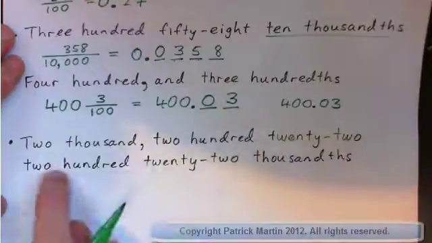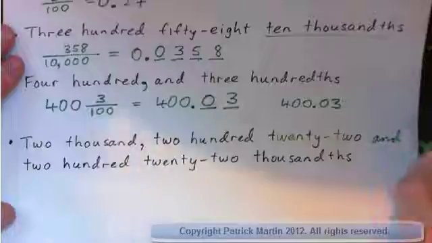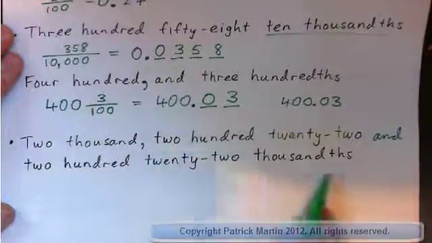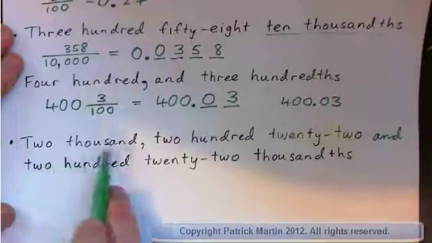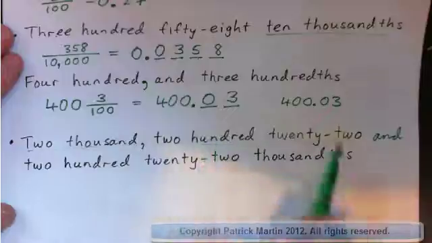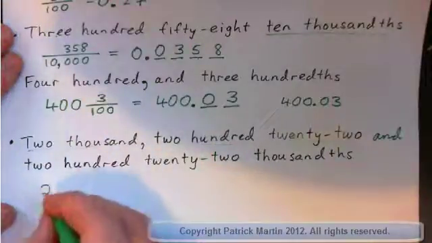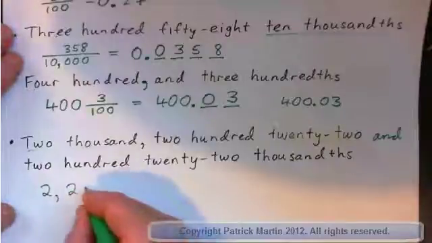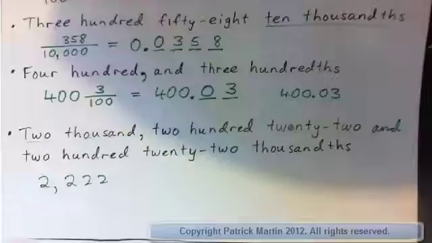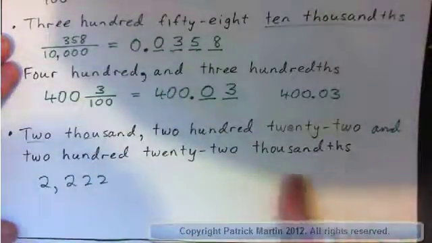2,222 and 222 thousandths, and I should have put the word "and" here. Let's start with this. So this is the big part, right? 2,222. Can you write that? Okay, and the other part is the 222 thousandths.